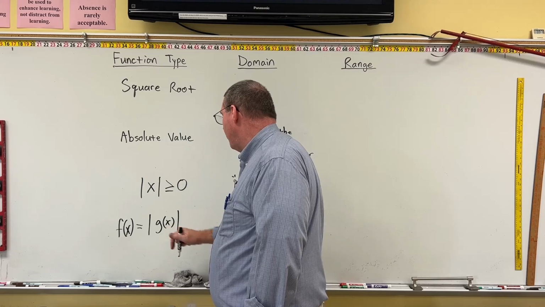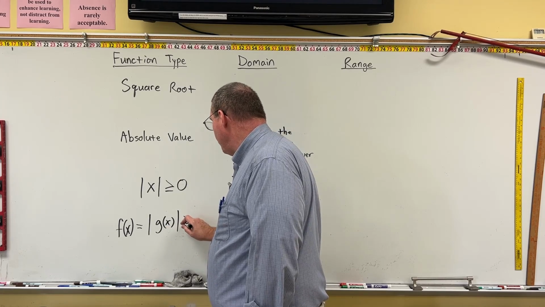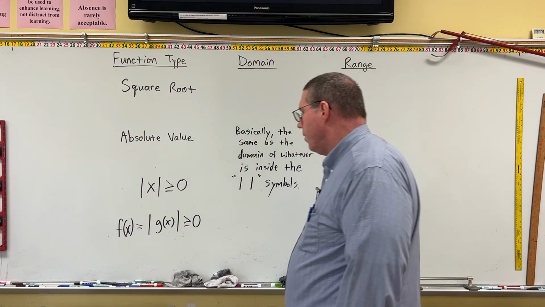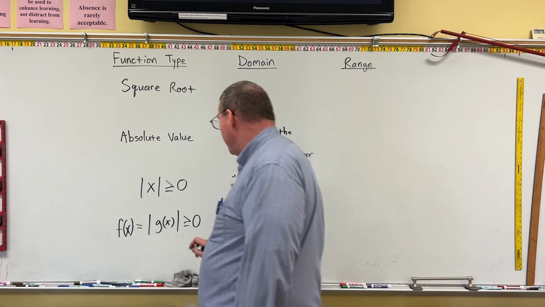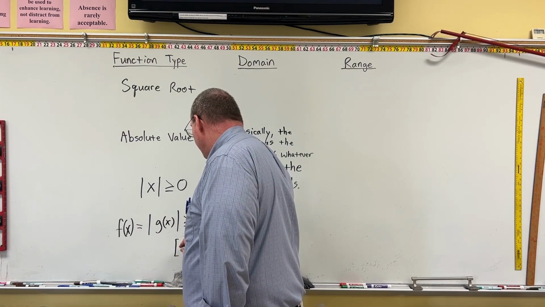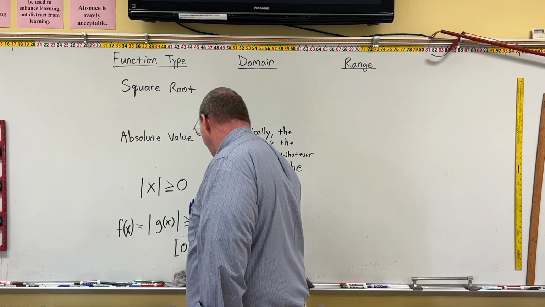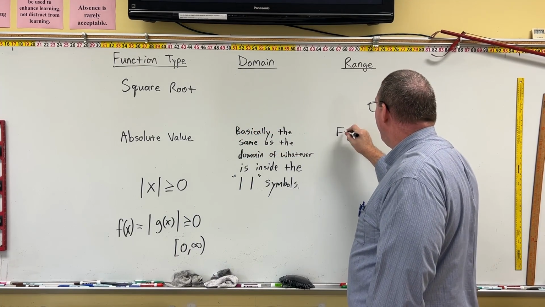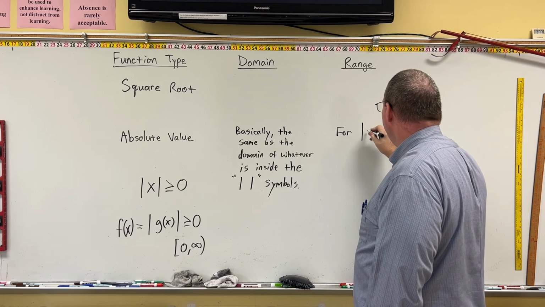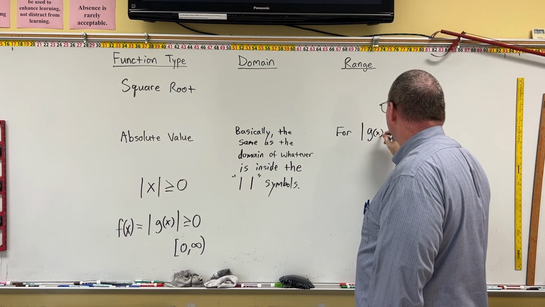This absolute value of g of x has to be greater than or equal to 0. And because it has to be greater than or equal to 0, that means that it's going to be 0 to infinity. So we're going to say the range for the absolute value of any function.